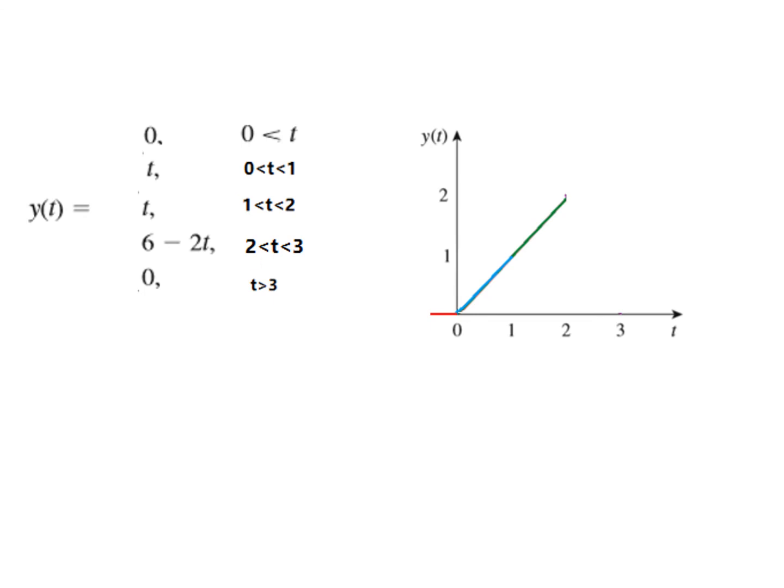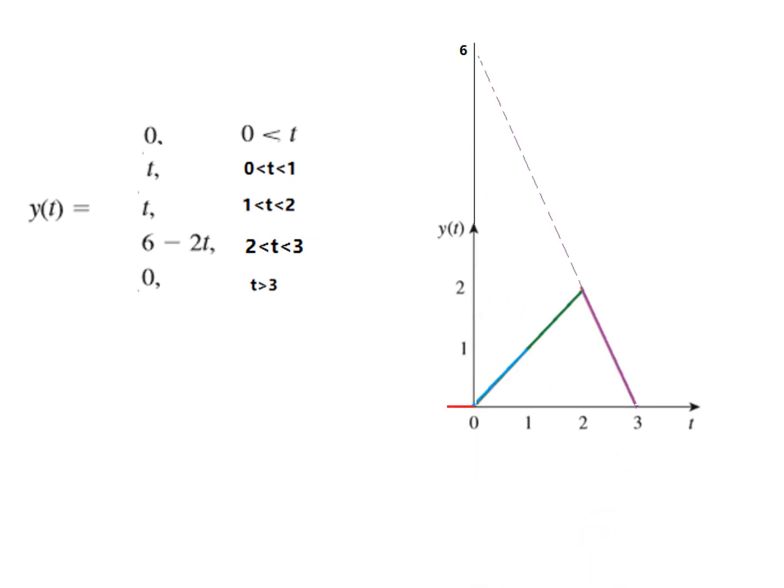And then 2 to 3, we have a negative slope of 2 with y-intercept 6. So negative slope of 2 we have to plot from here. That means vertical 2 and horizontal it will go 1. So it will reach at this point.